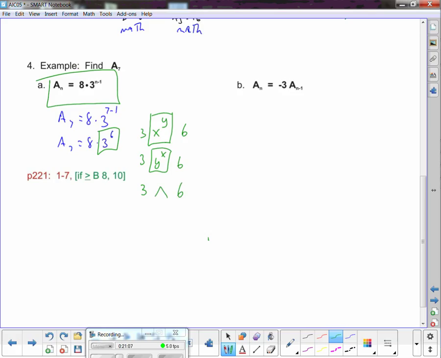A lot of you have the caret button, in which case you would punch in 3, the caret button, then the 6. All right? So find which button you have. I have Y to the X on my old calculator here. And that part should get you 729. Did you get 729? You've got to make sure you get 729. Everybody punch in your calculator. 729, did you find your right button?